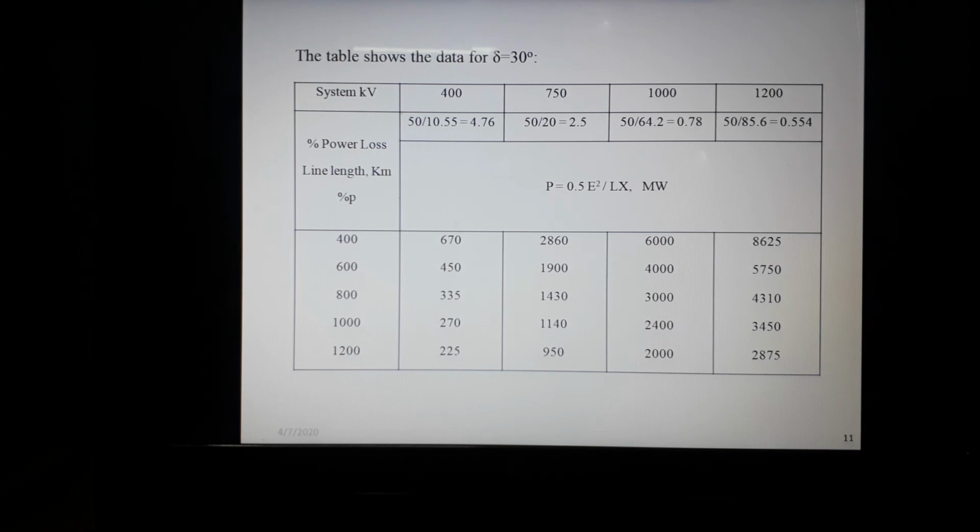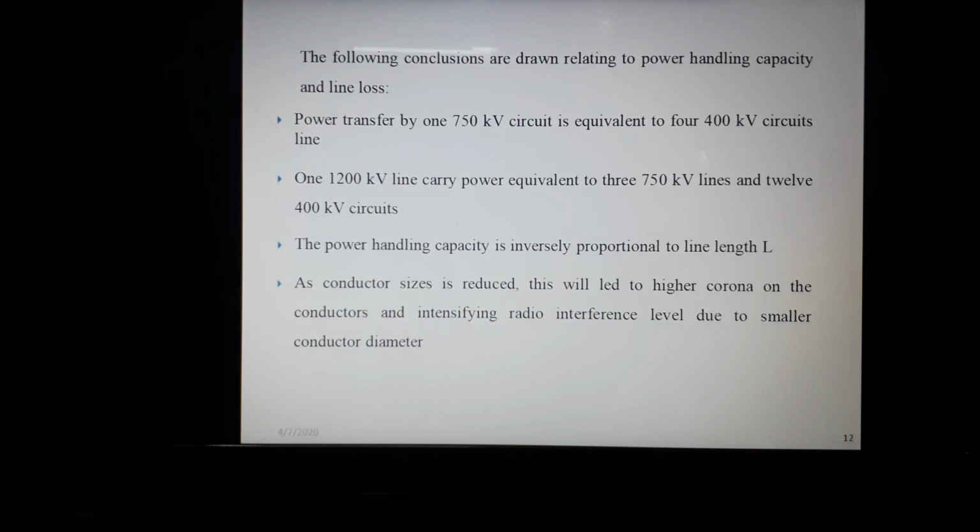So some conclusions can be drawn from this table. The power transfer by one 750 kV circuit is equivalent to that of several 400 kV circuits. One 1200 kV line carries power equivalent to 3 750 kV lines and 12 400 kV circuits.